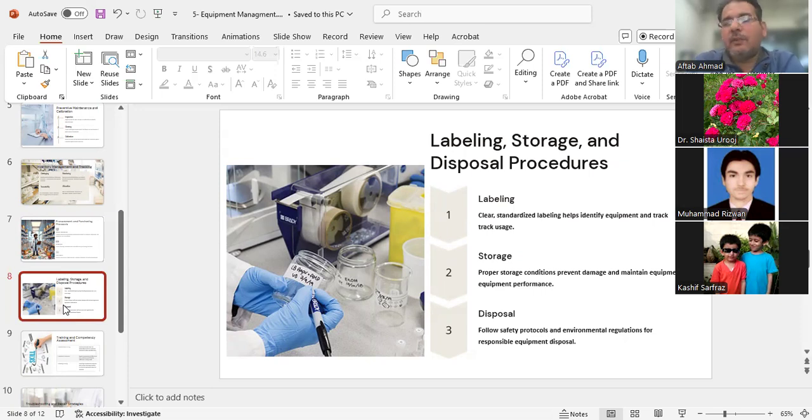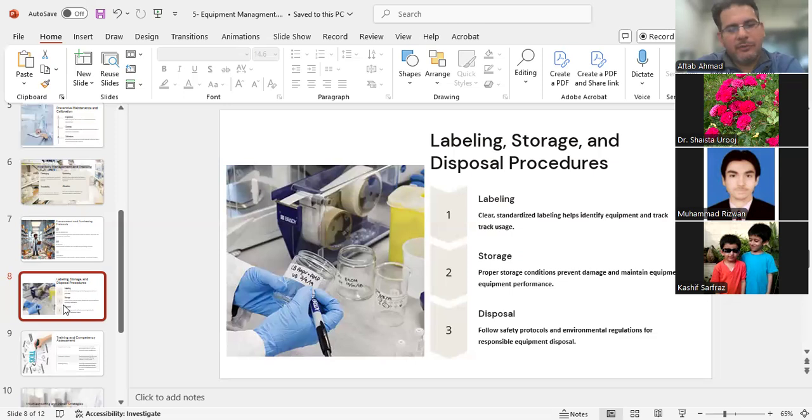In Pakistan, one of the biggest things we have to check for good laboratory practices is that our air quality index outside is not very good. Even inside the buildings, the air quality index is not very good. So if you are not using an air purifier inside the laboratory, a lot of dust is coming inside.